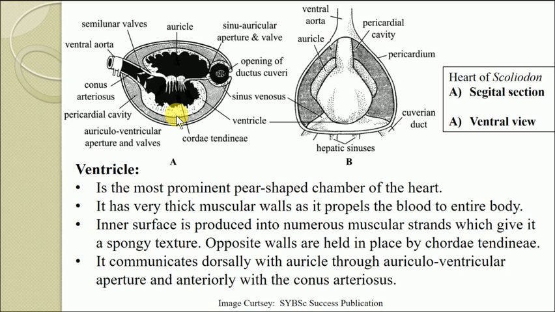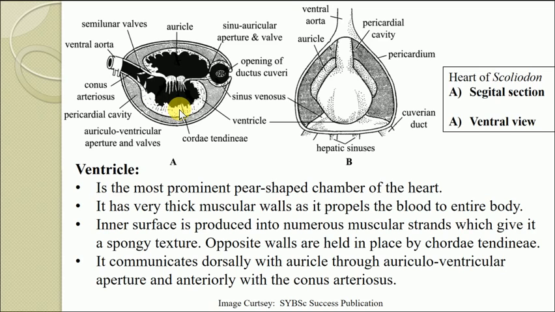The inner surface of the ventricle is produced into numerous muscular strands, which give it a spongy texture. Here you can see the spongy texture of the ventricle from the inner side.